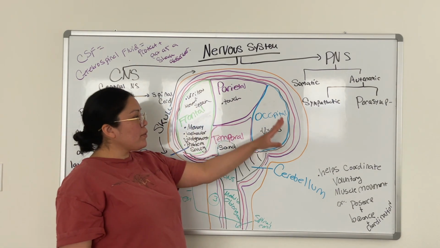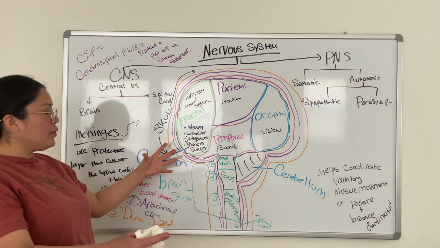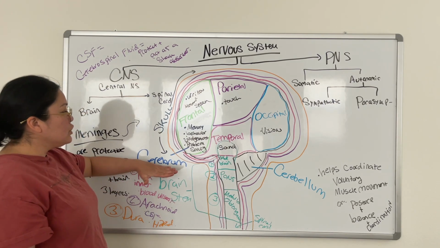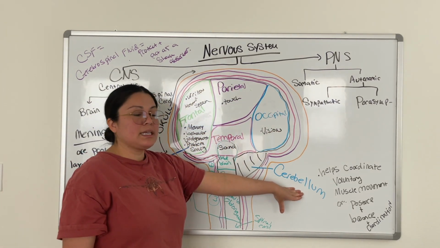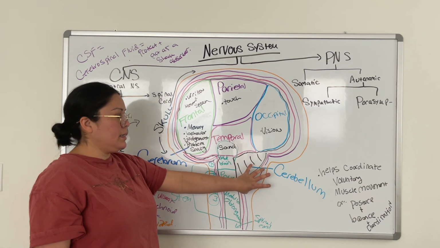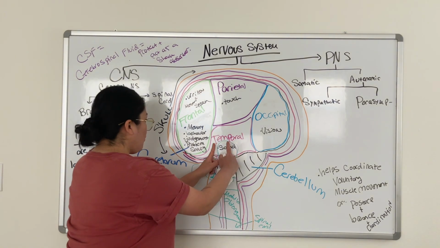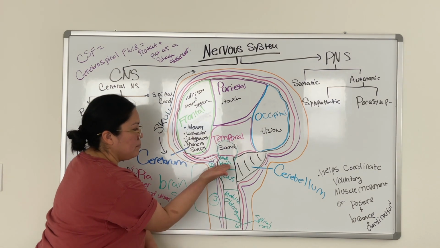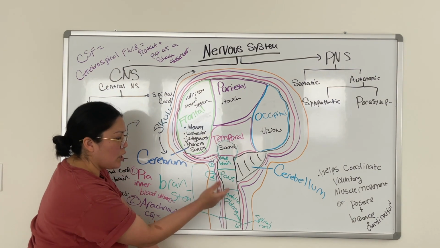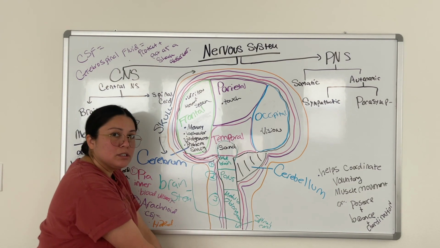Okay guys, before I erase this, let's just go ahead and review it again. We've got the cerebrum, which is the largest part of the brain. We've got the cerebellum, the little brain. We've got the brain stem that comes right off of the brain. It includes the midbrain, the pons, and the medulla oblongata. Then comes your spinal cord.